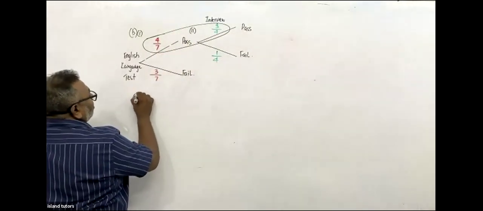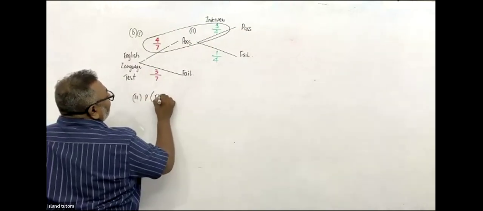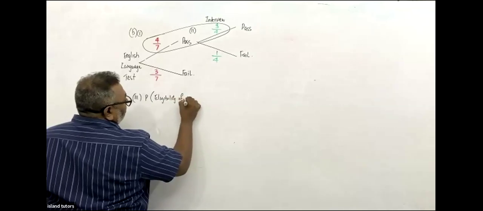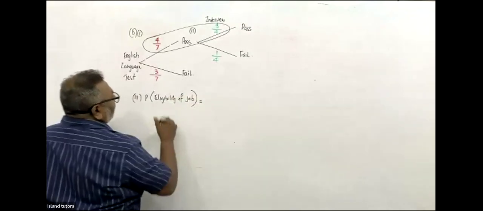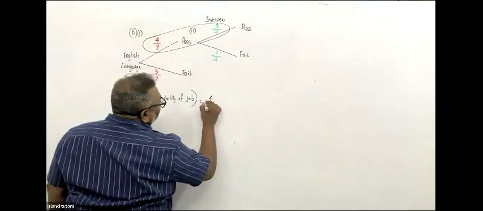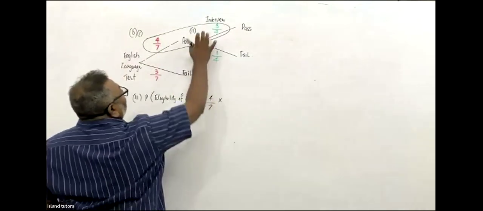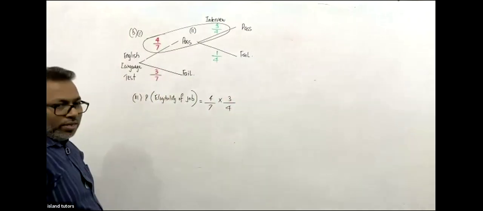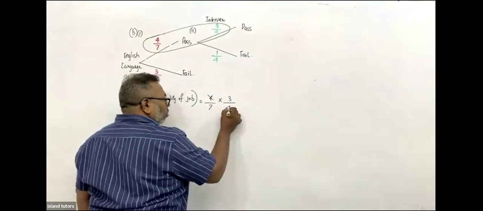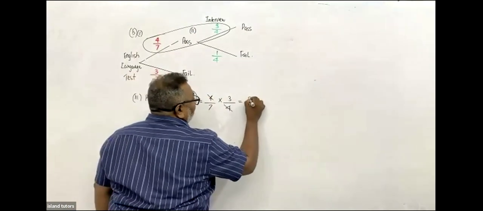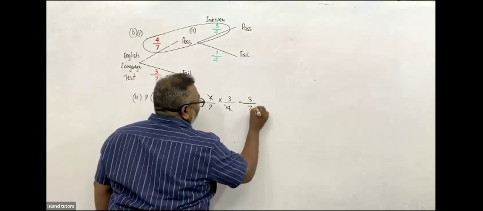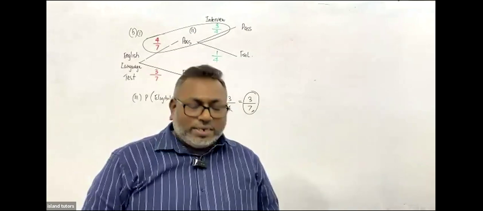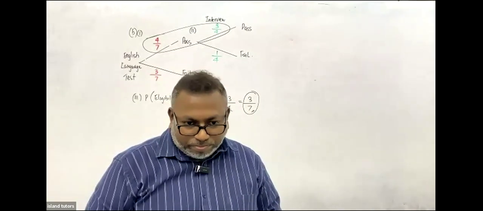So third question, probability for eligibility of job, that is 4/7 multiplied by 3/4. Okay. This 4 and this 4 cancels. You have 3/7. So at least 3/7 of the job probability are going to get the job.